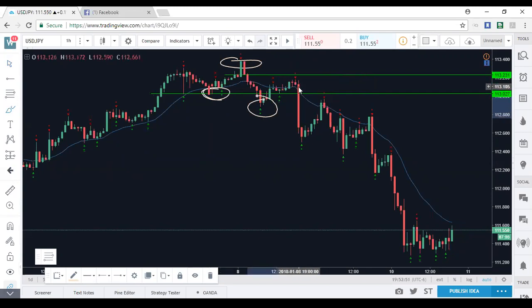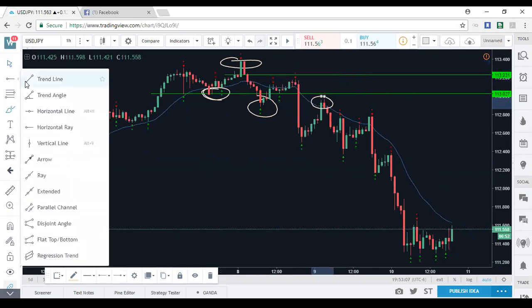Since it broke through, guess what happens now? Once the breakthrough happens, it's got to retrace a little bit to validate that. That validation comes over here on this pullback. Notice now what's happening.